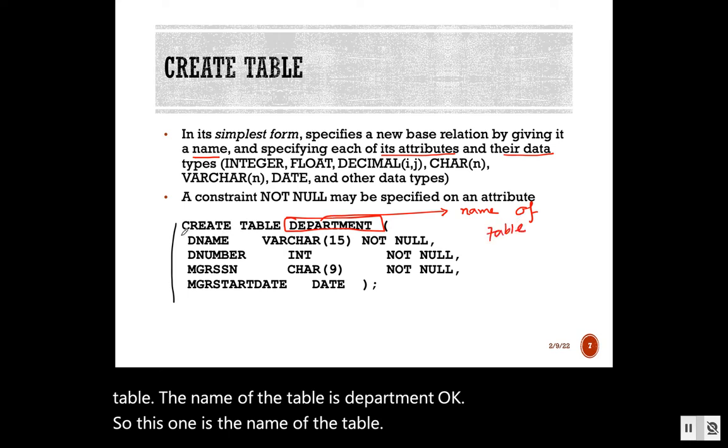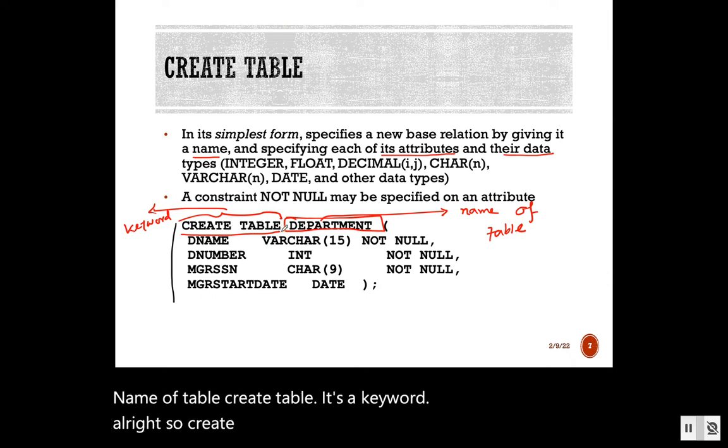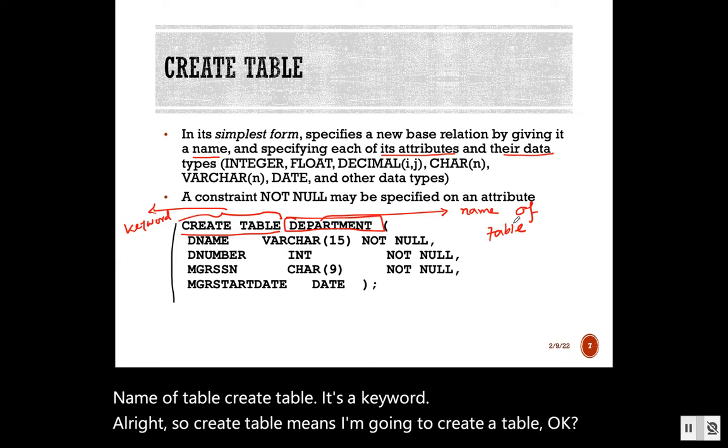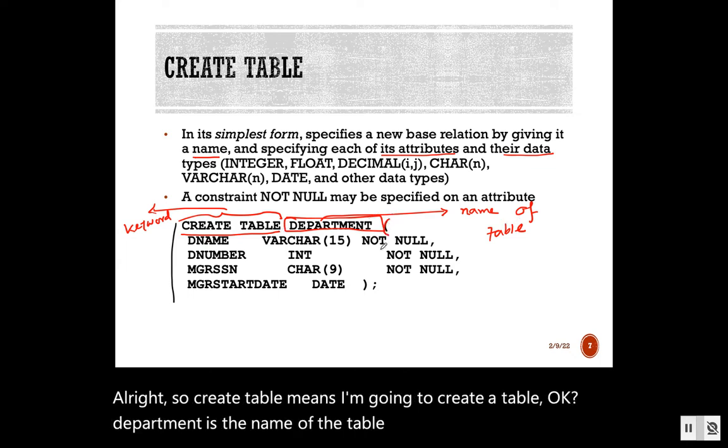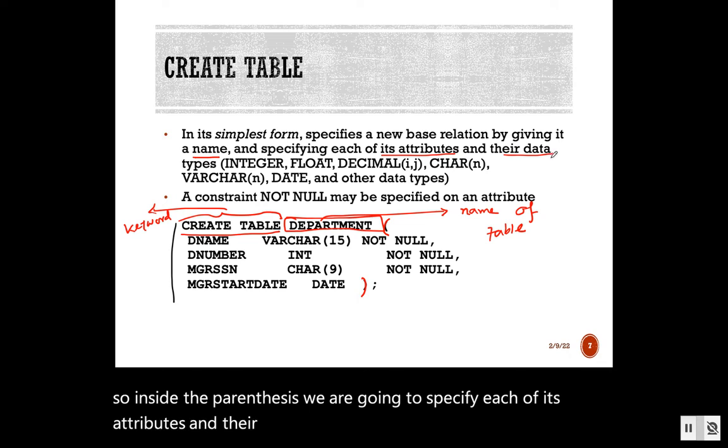Create table is a keyword. So create table means I am going to create a table. Department is the name of the table, then we use this parenthesis. Inside the parenthesis we are going to specify each of its attributes and their data types.